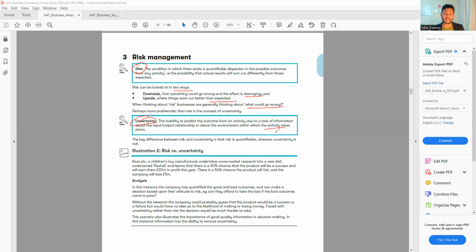Or maybe another pandemic could come, or maybe a cyclone, or another natural disaster. This is very uncertain. No one can predict it because it could happen. So with risk, you can analyze the risk factor and take action to reduce the risk. But with uncertainty, you cannot do anything because you really don't know what's going to happen.